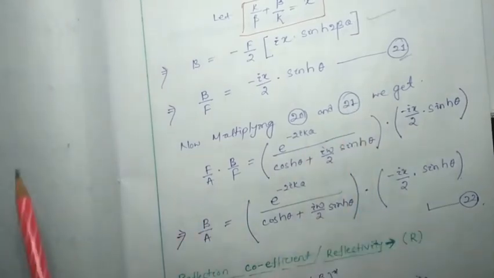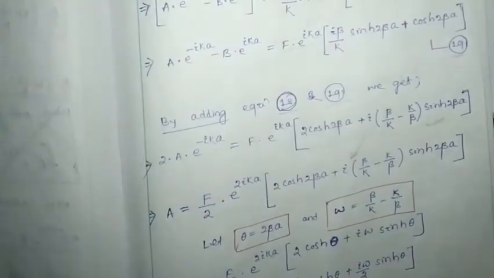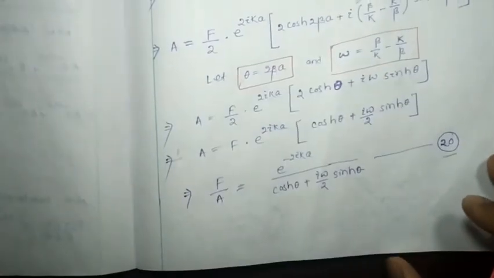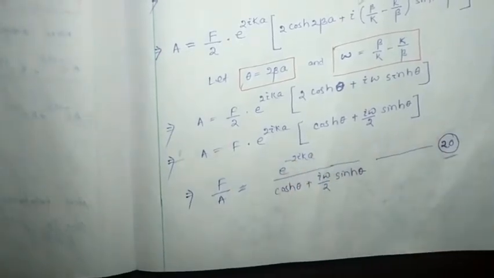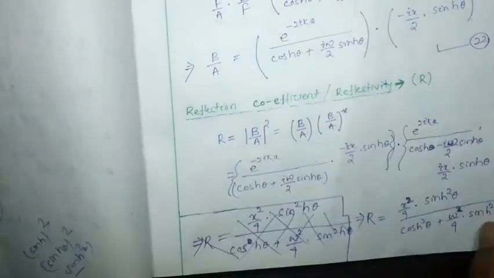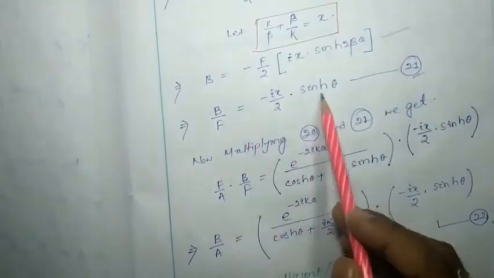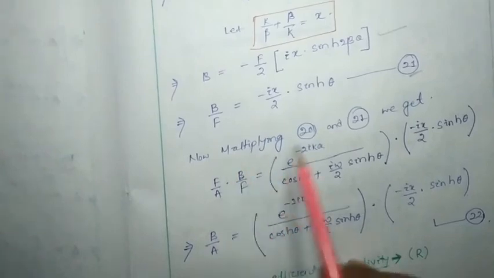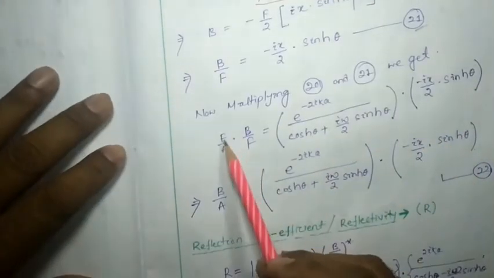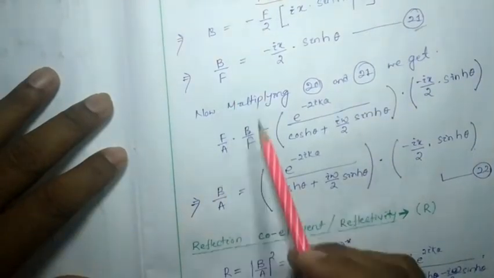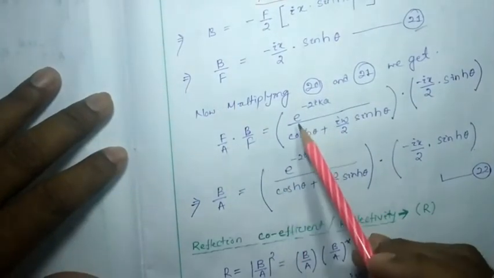Equation 20 we found on our last page. In the last page we found f by a is this much, and here we found equation 21 is this one. So by multiplying equation number 20 and 21, the left hand side will be f by a into b by f.